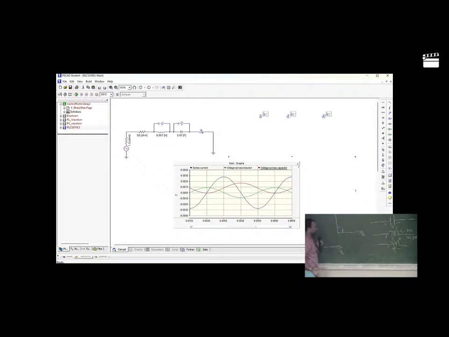Now come to the resistor. If we consider the voltage across the resistor as VR, then we know the property of the resistor is that current and voltage are in the same phase. So the current will also be like this, IR and VR.